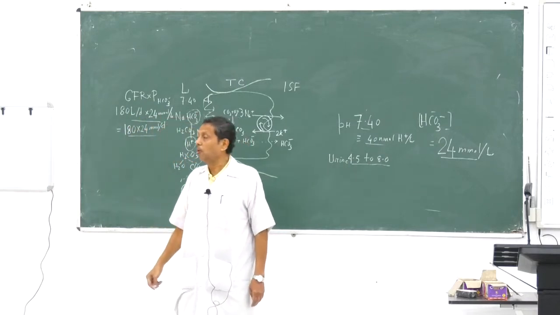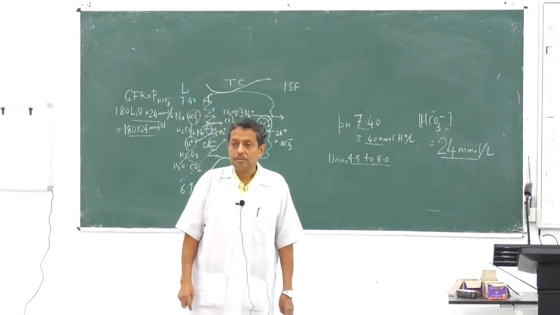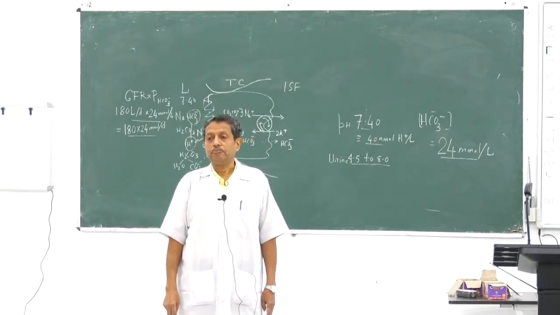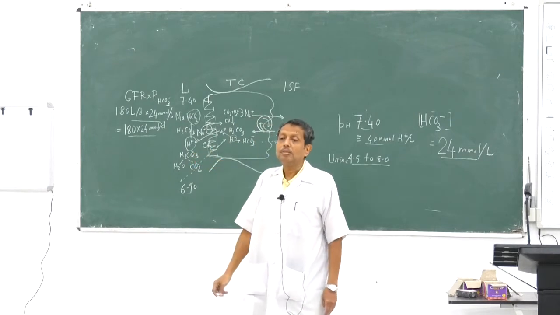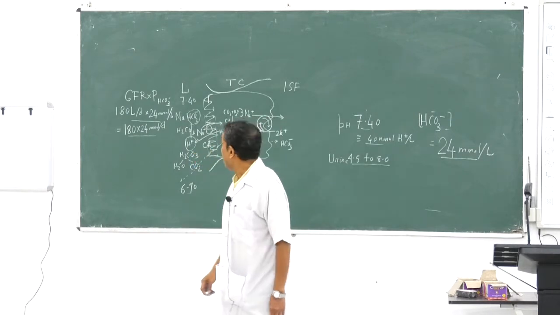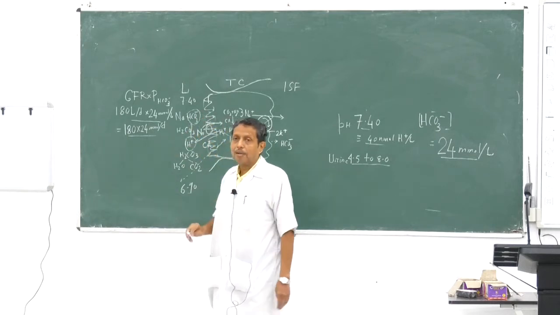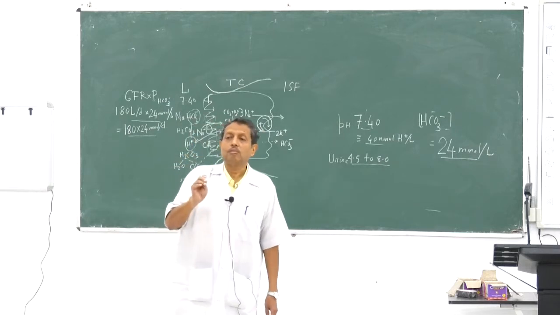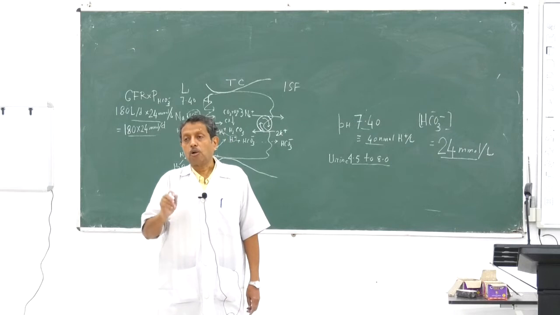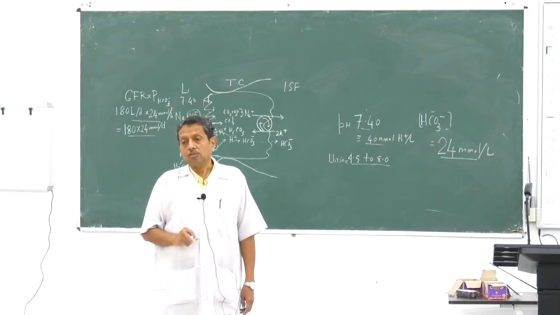Ninety percent is reabsorbed almost entirely in the proximal tubule, and it is the primary mechanism there. There may be some claim that there are other types of pumps, like hydrogen ATPase and potassium hydrogen ATPase, which is present in the stomach also.